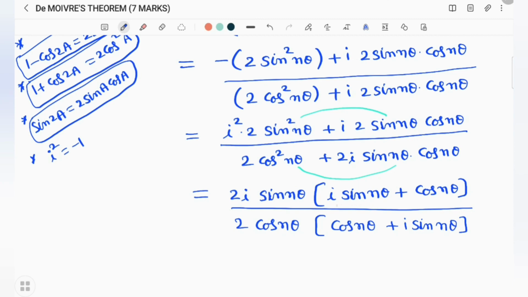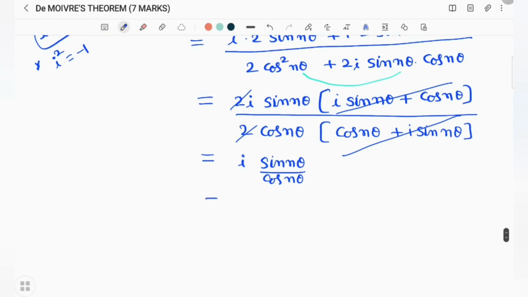You can cancel these terms. Even the 2 also gets cancelled. i sin nθ by cos nθ. In the next step, tan nθ, so i tan nθ, which is our required RHS. Hence proved. I hope everyone understood, dear students.